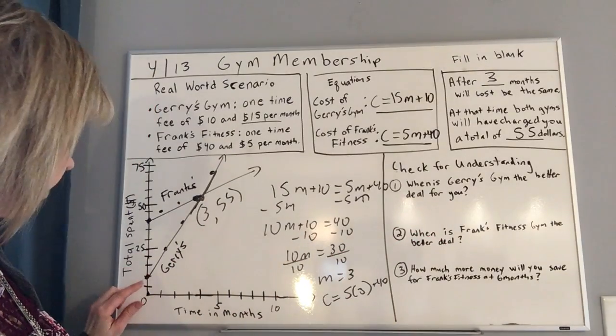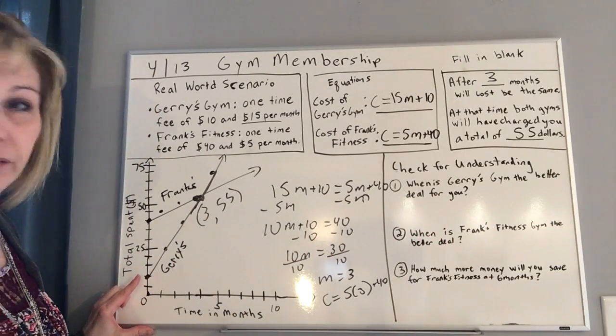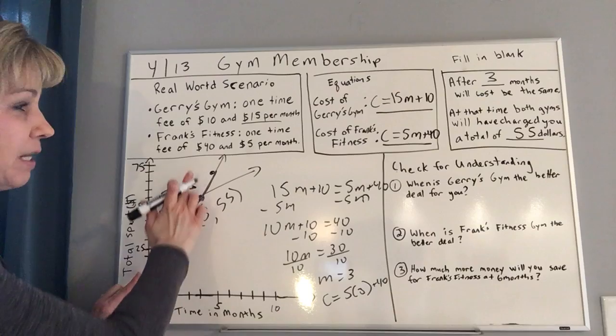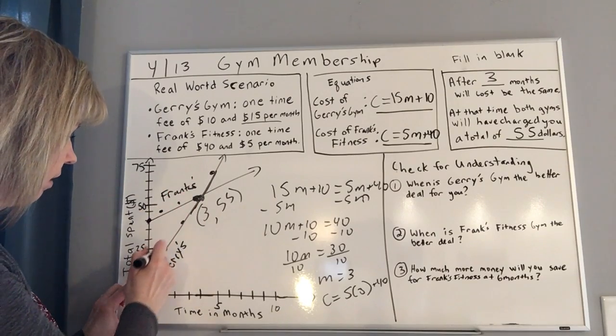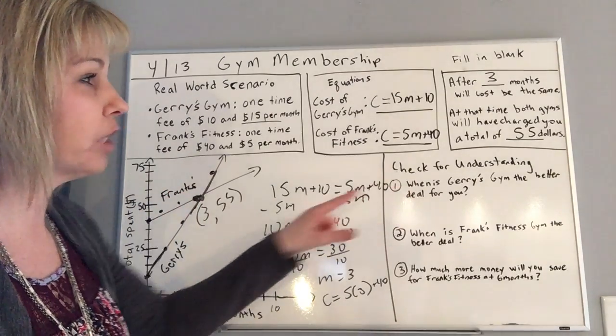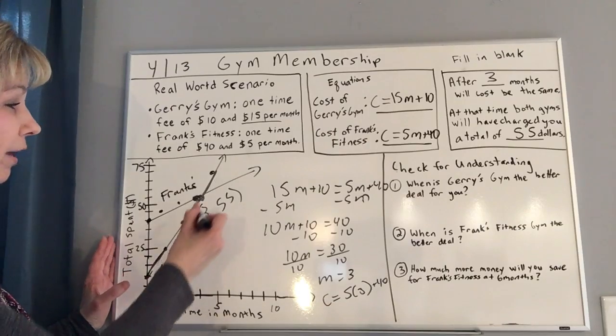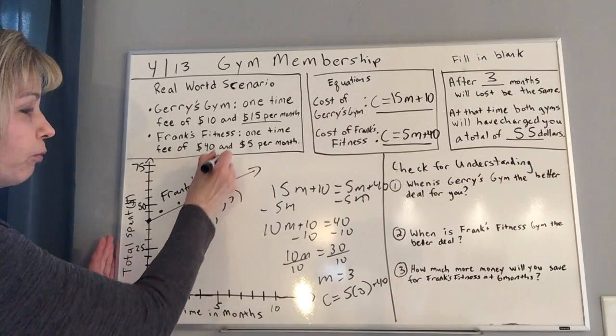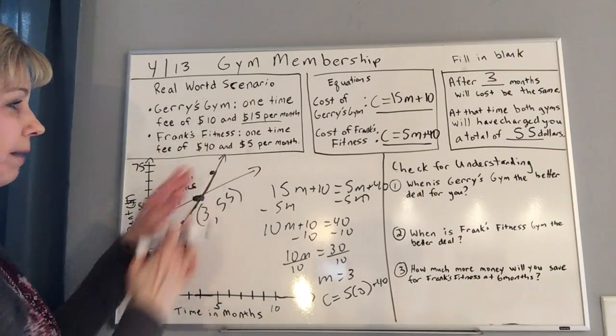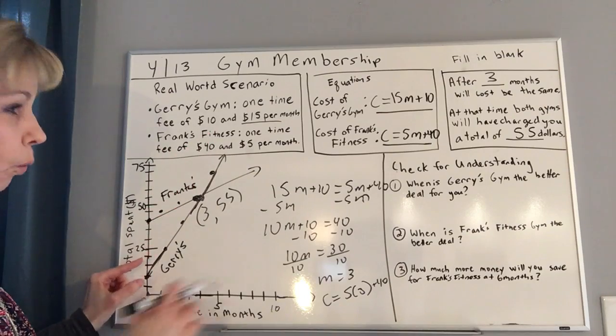So Jerry's starts out with the lower y-intercept, but has a steeper slope. So when is Jerry's gym a better deal for you? Look at this. It has a steeper slope, so after the 3 months, it's going to cost a lot more. So when is it the best deal?